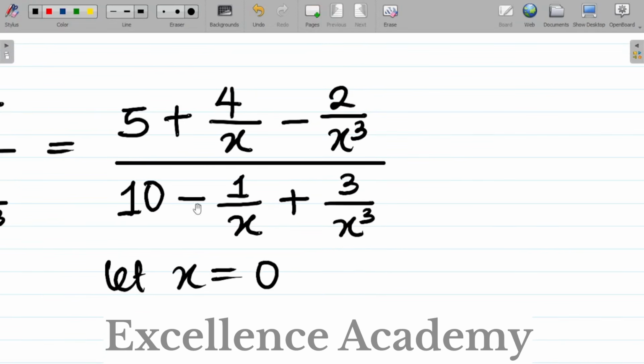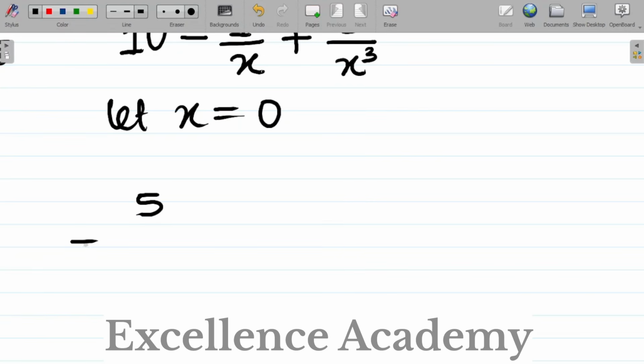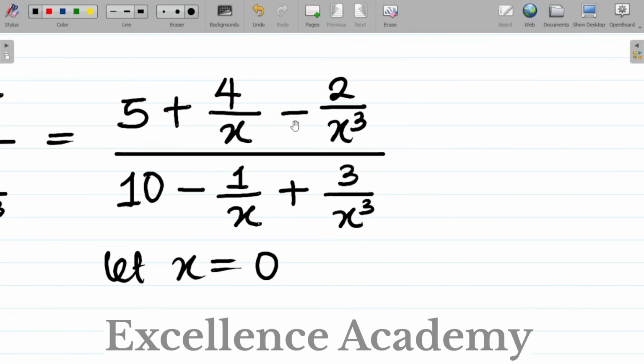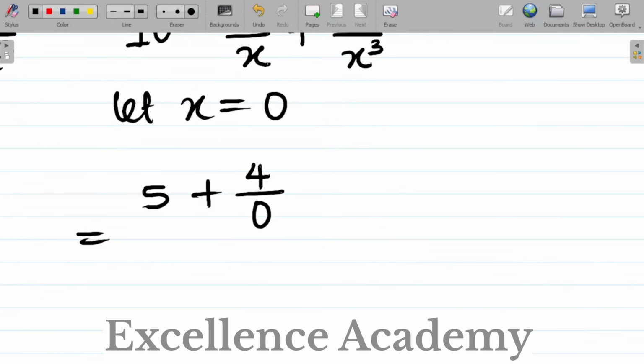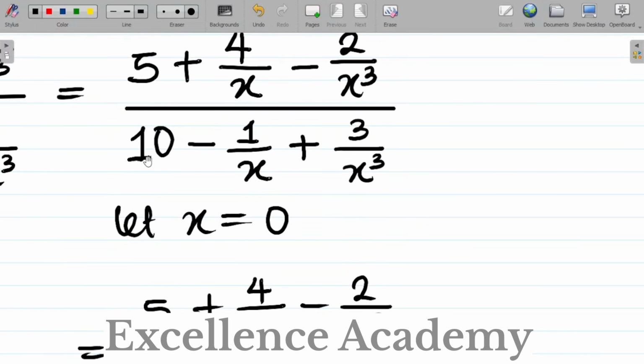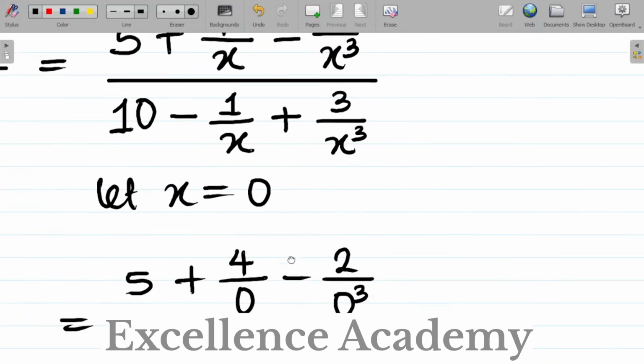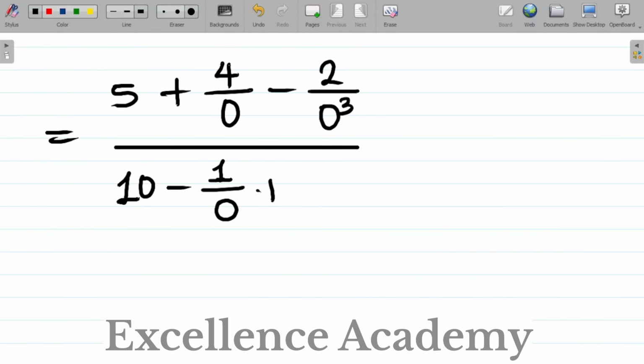If I do that, this becomes 5 plus 4 over 0 minus 2 over 0 cubed, all divided by 10 minus 1 over 0 plus 3 over 0 cubed.